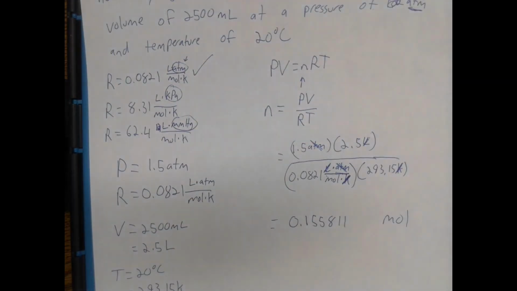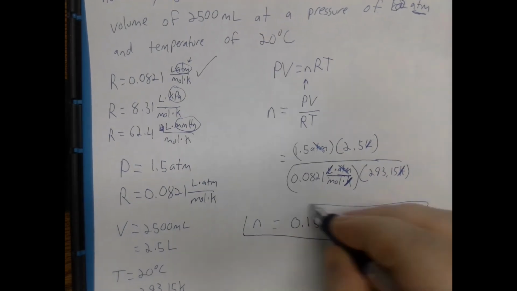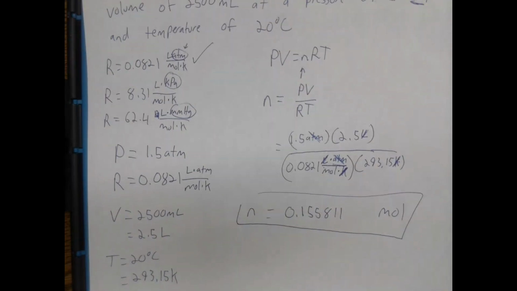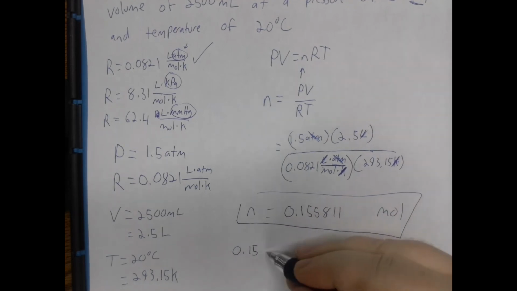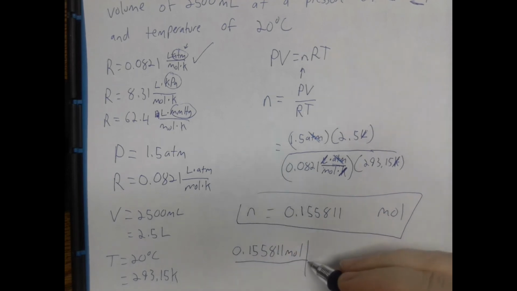Yes, exactly. I think on the test, though, we'll do some more examples later. But on the test, I might give you only one R value, and you'd have to convert the pressure. So this tells us the moles. So we're currently in moles, but the question asked about grams. So we need to convert mole into grams.